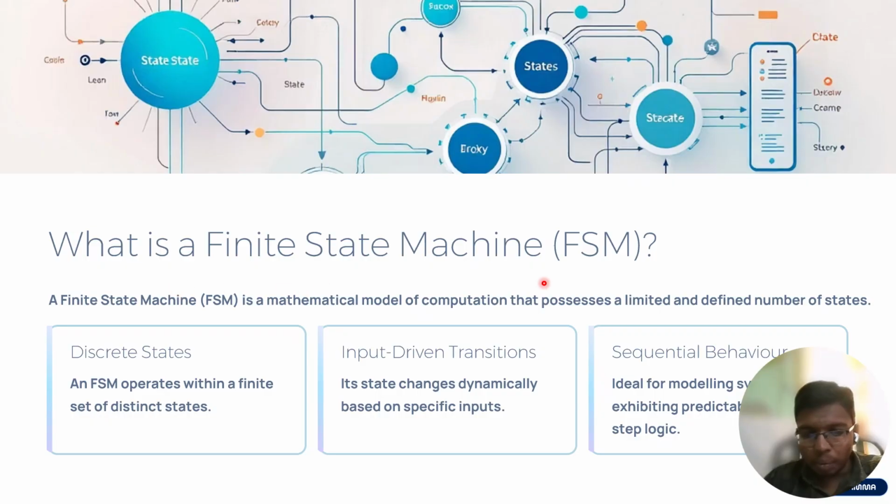What is a finite state machine? A finite state machine, FSM, is a mathematical model of computation that possesses a limited and defined number of states. Discrete states: FSMs operate within a finite set of distinct states.